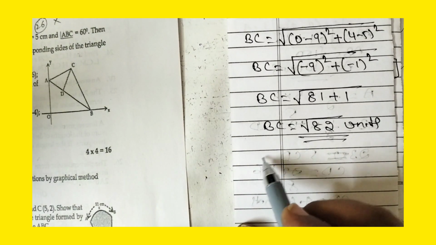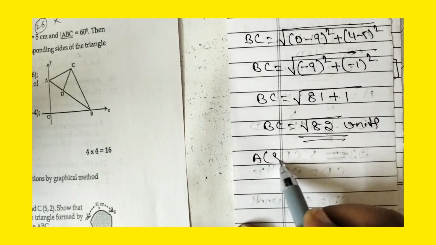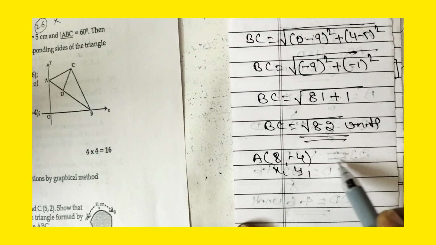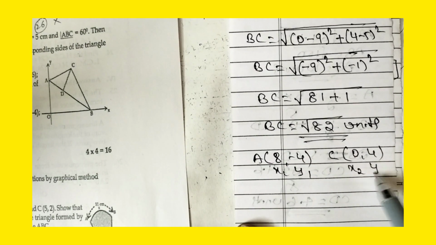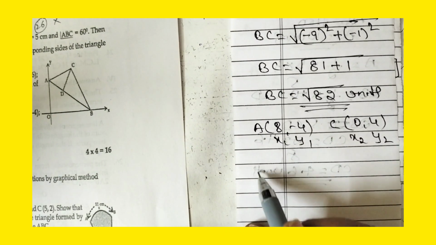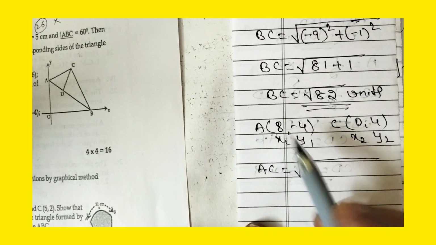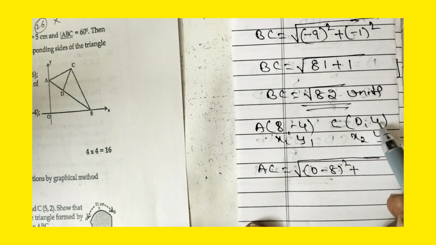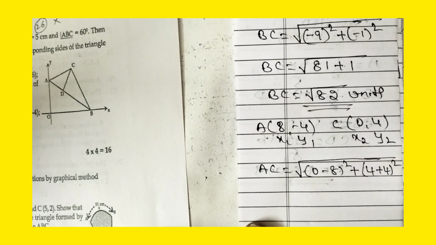Next, after finding distance between B and C, let us find out the distance between A and C. So A is 8, minus 4, which we call x1 y1, and C is 0, 4 which is x2 y2. So AC is equal to x2 minus x1, 0 minus 8 whole square, plus y2 minus y1 whole square, 4 minus into minus plus 4 whole square.